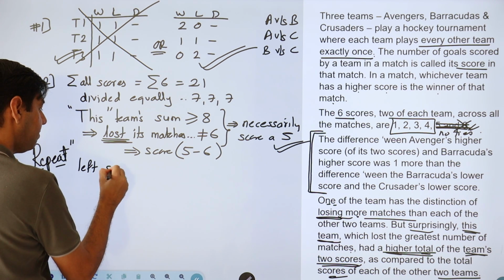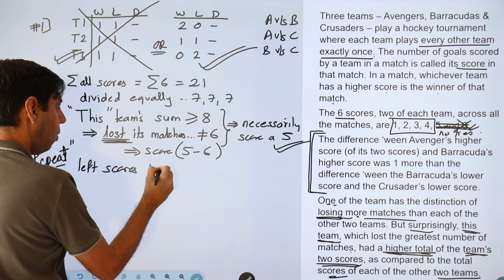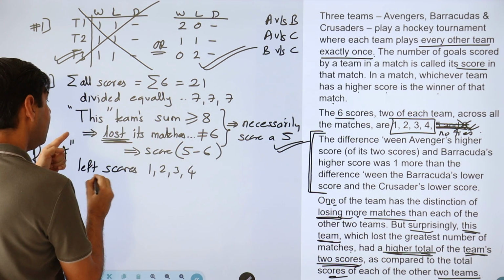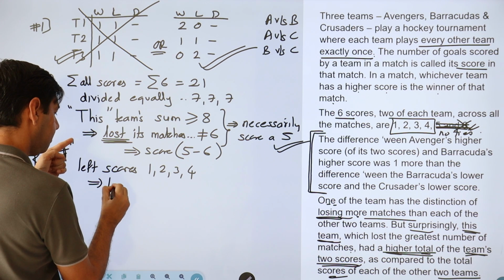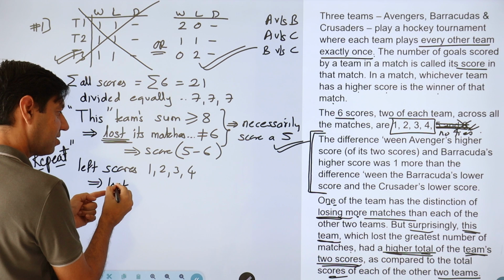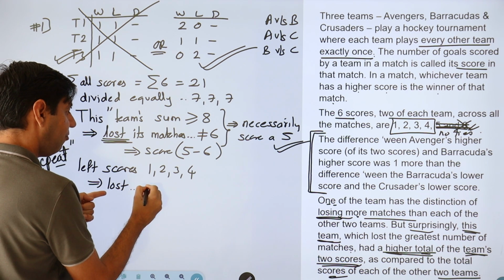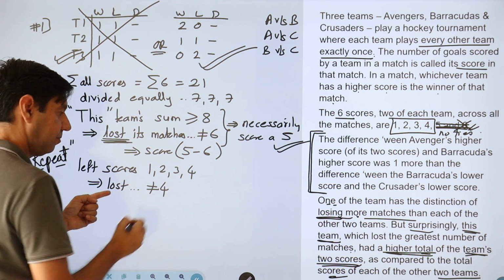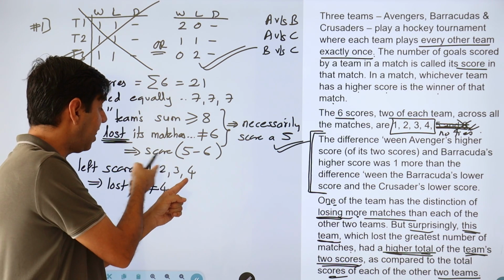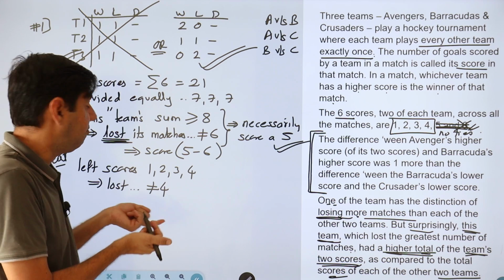What are the leftover scores? The left scores are 1, 2, 3 and 4. And we know that this team lost. Another match, we are talking all about this team, it lost. And since it lost, therefore it cannot use a 4, because if you use a 4, then another score will be less than 4 and it will win.